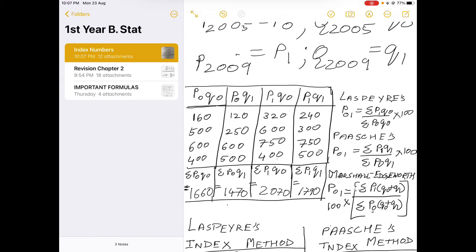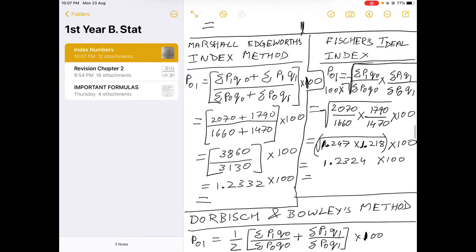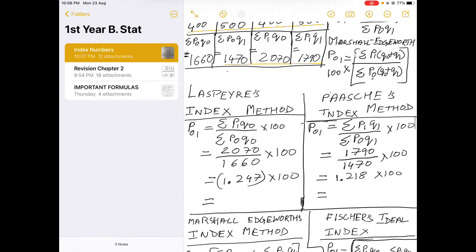Once we have done this, we will proceed to Fisher's index and we will also calculate Dorbish and Bowley's method. So let's take a look at the Laspeyres index method. We take prices of both years, but we take quantities of only the base year here. So P1 Q0 divided by P0 Q0.